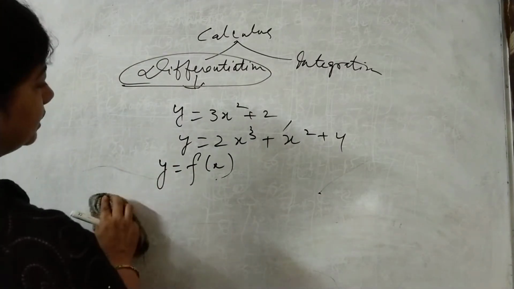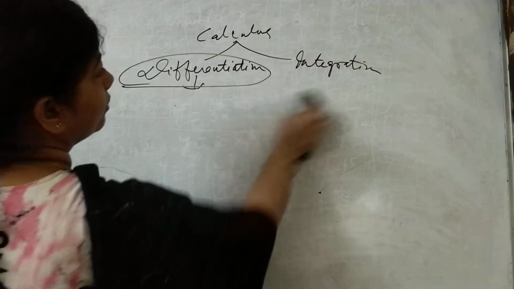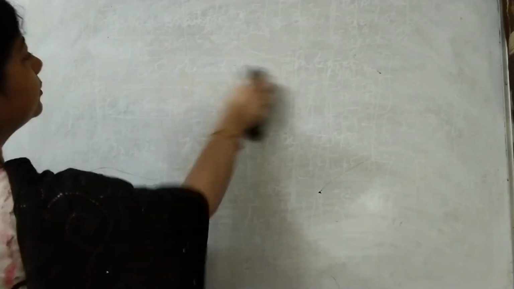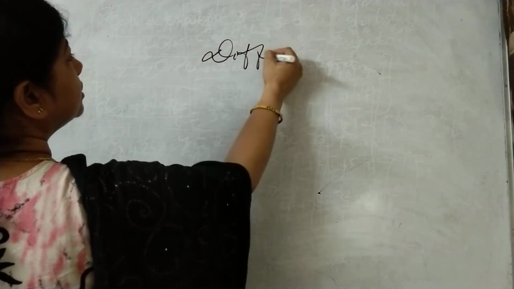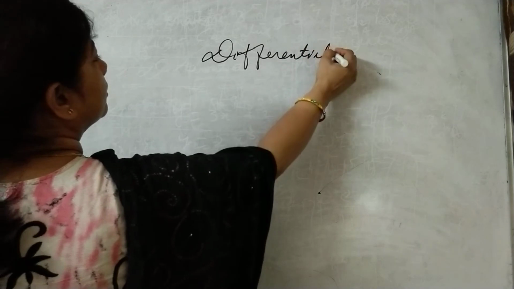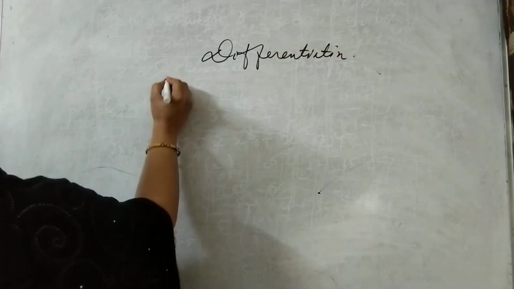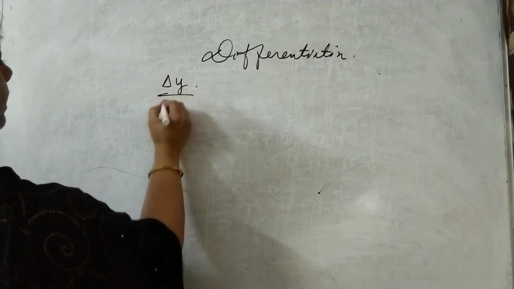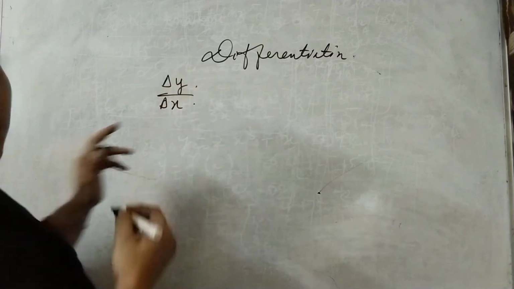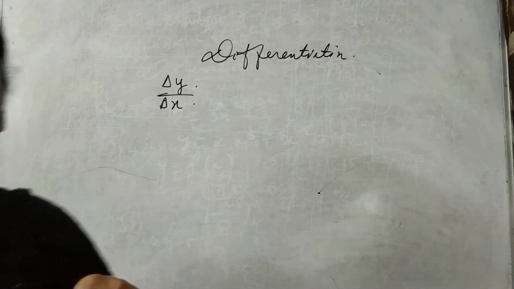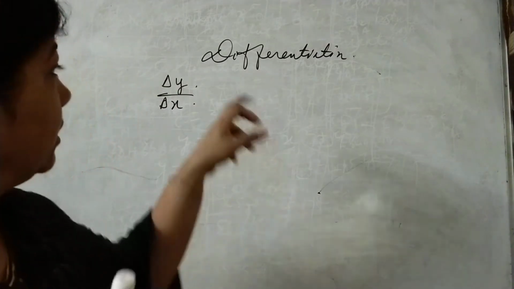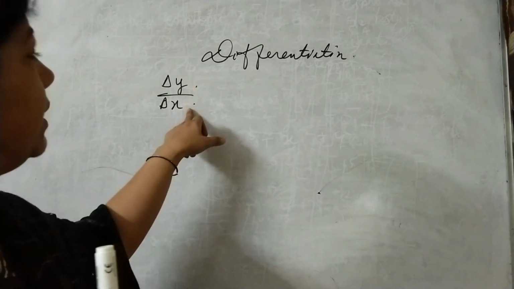So I hope you have understood how we can infer that y is a function of x. In this case, we are doing differentiation today. If I write delta y by delta x, the numerator is called the dependent variable and the denominator is called the independent variable.